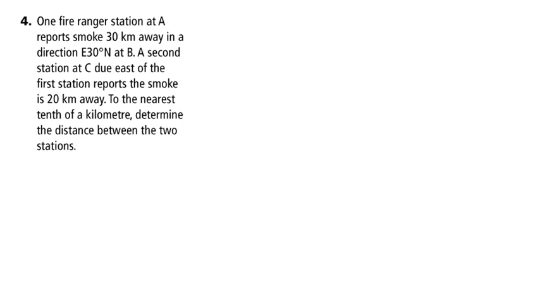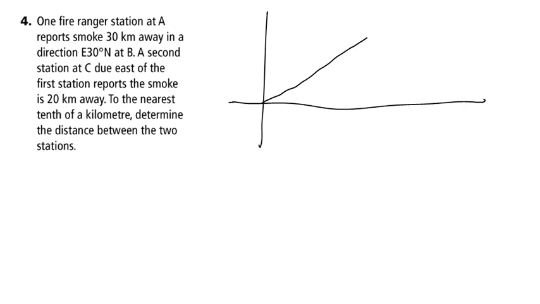So we've got one fire station, A. And that's reporting some smoke in the direction east, 30 degrees north. So that's going to be in this direction here, going east and then going north 30 degrees from that. And that's going to be 30 kilometers away.